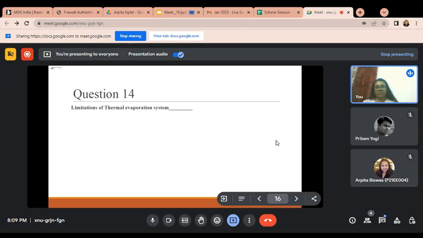Next we are moving toward question number 14. So, limitation of the thermal evaporation system.